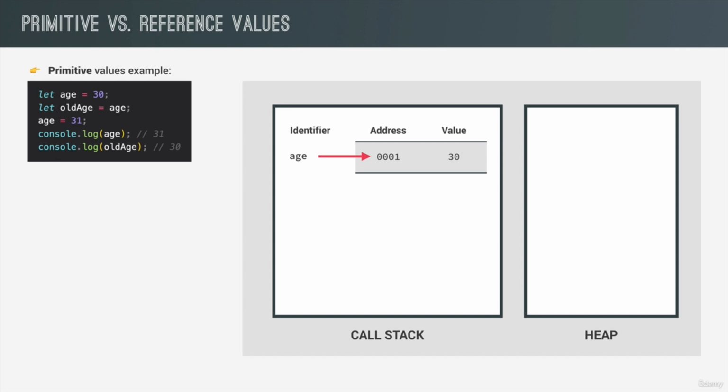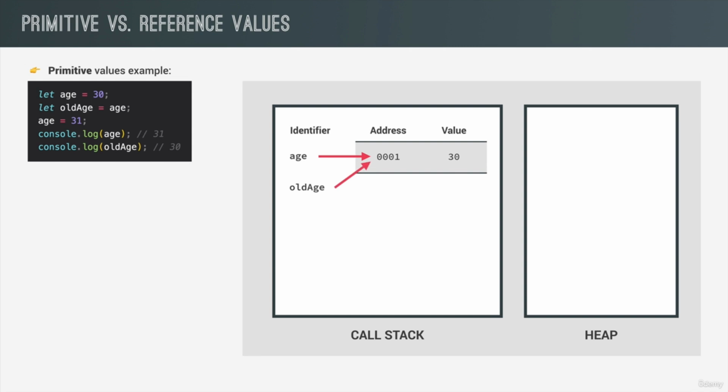All right? And this subtle distinction is very important to keep in mind. Now, in the next line, we declare old age to be equal to age. So, knowing that a variable actually holds a memory address, what should old age look like? Well, it will simply point to the same memory address as the age variable.